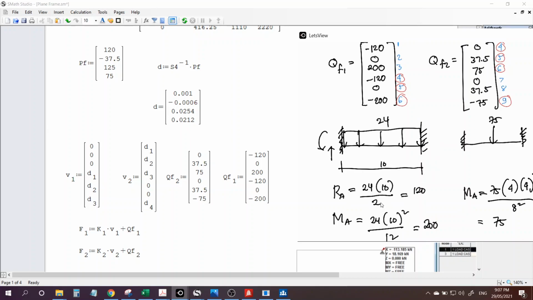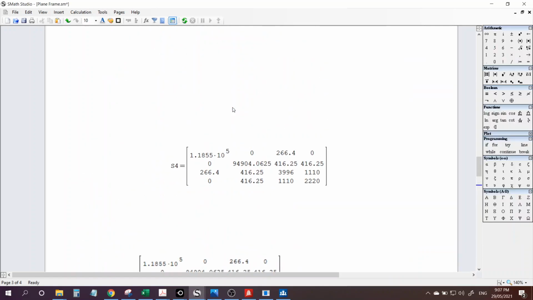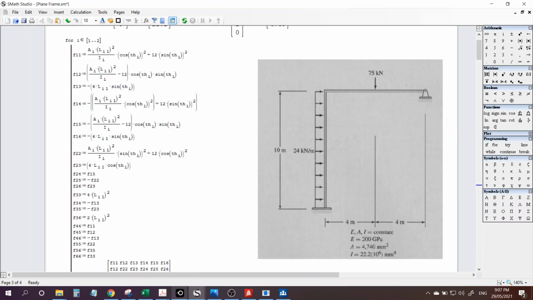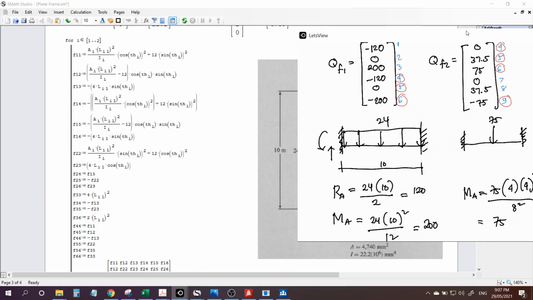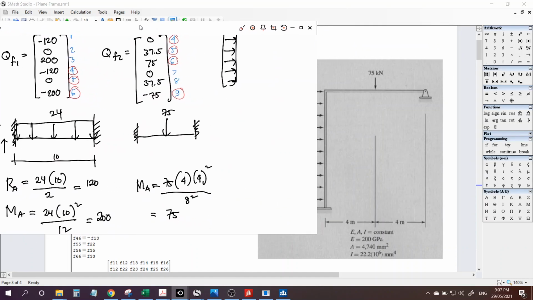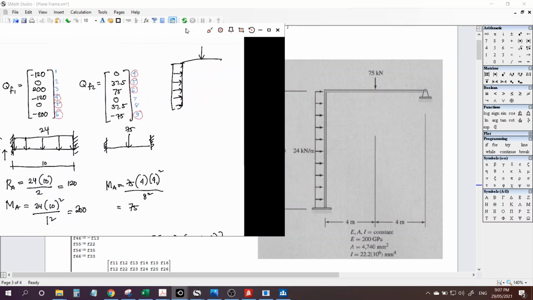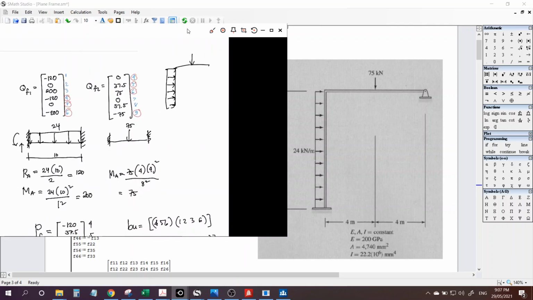The reaction is WL over 2. So 24 times 10 over 2, that's 120.